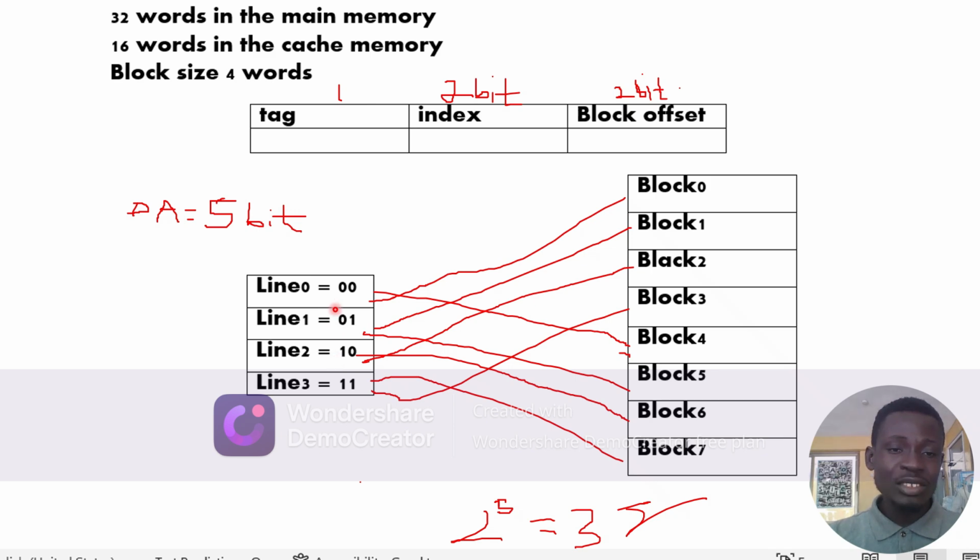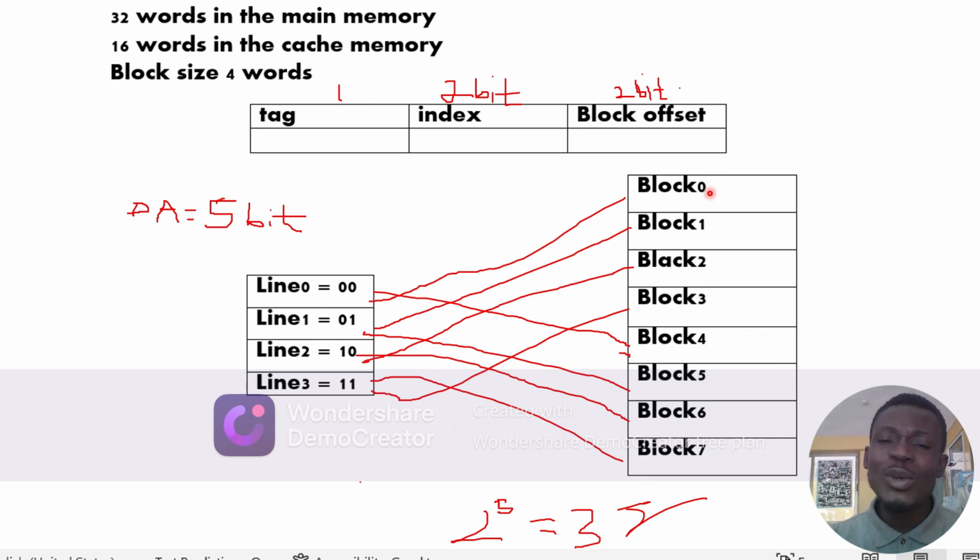So it will let us know that the word that we are looking for is in block 0 or is in block 4. Then these 2 bytes will specify the word that we are looking for.